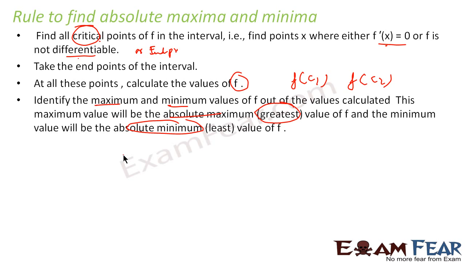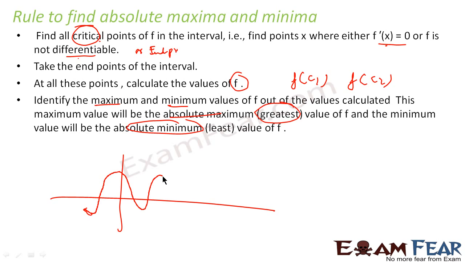Graphically, I'll explain what this is. My graph is like this. It starts from here, let's suppose. There's a curve like this here, and a curve like this here. This is a non-differentiable point, and there's a maxima also.